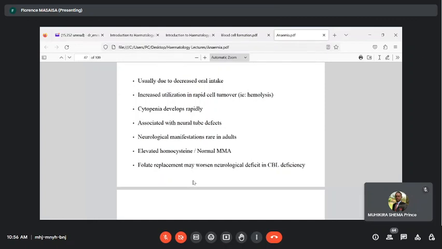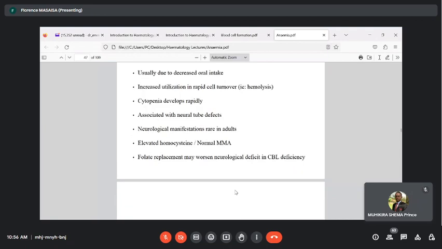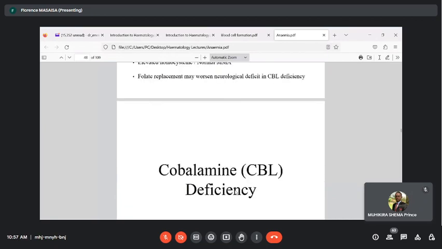In adults, having neurological manifestation is rare. The laboratory will show elevated homocysteine. But when someone has neurological manifestation in case of cobalamin deficiency, giving folic acid may worsen the condition.